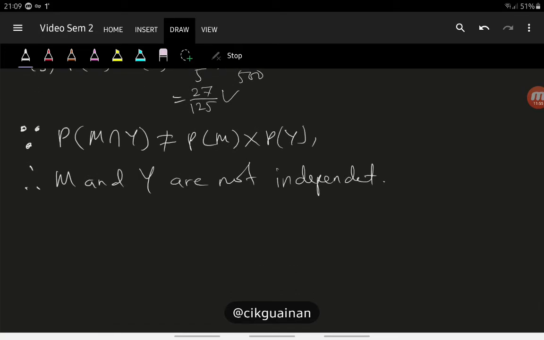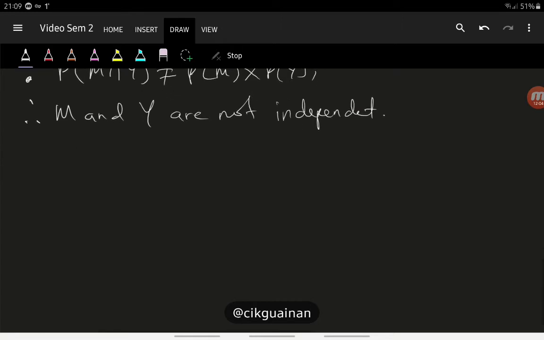F. Okay, so F is asking, are genders and their attitude towards capital punishment mutually exclusive? Give explanation. So just now the previous one was asking about independence, and this one is asking about mutually exclusive.